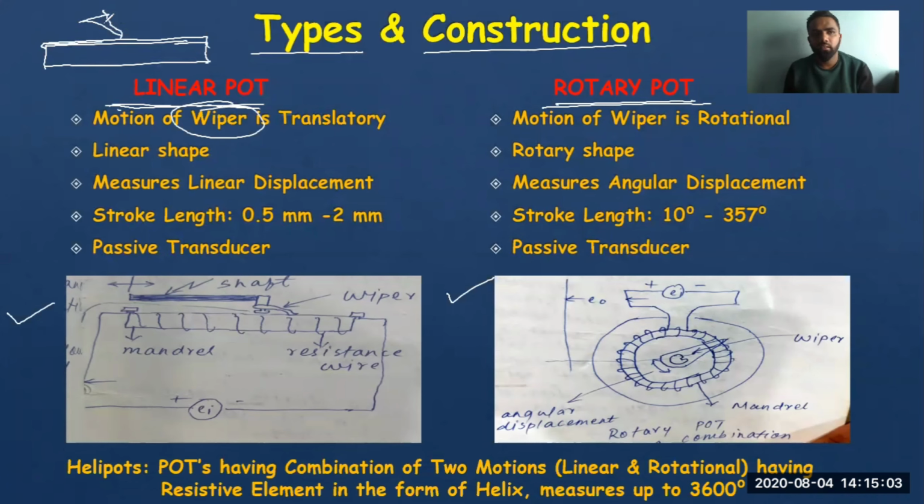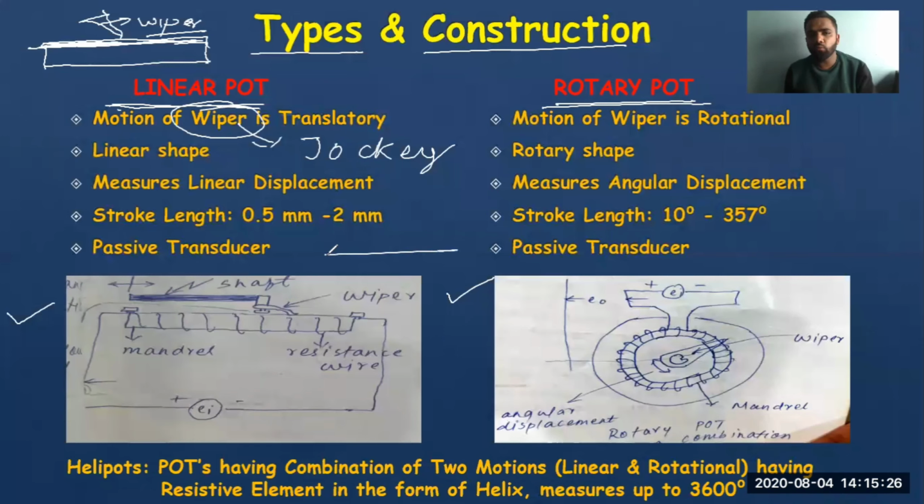Suppose this is my wiper. Rather than wiper, you can even call it a jockey; in electronics terms, you can call it a jockey also. So what happens with the jockey? The jockey or wiper moves along this wire, so the movement of the wiper or jockey is linear.